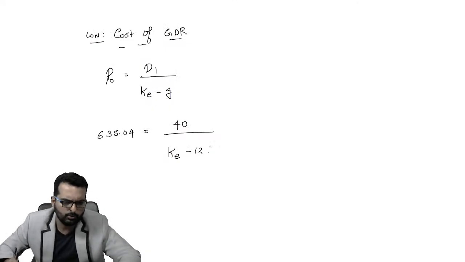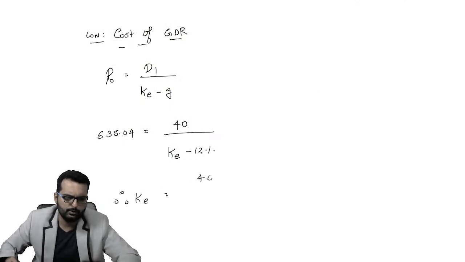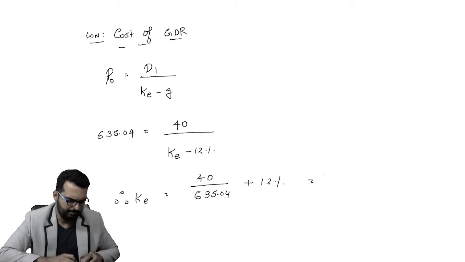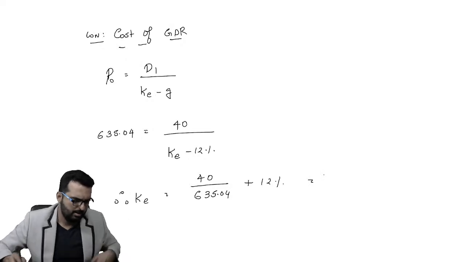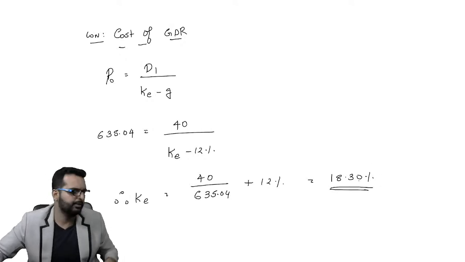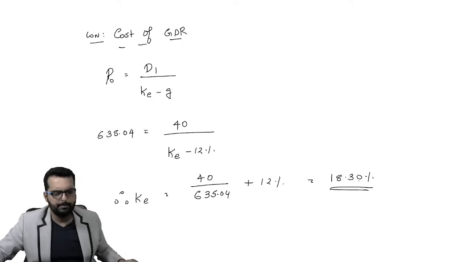They have told the growth to be 12%. Let us do a backward working now. That would be 40 divided by 635.04 plus 12%. I think I'll get the answer as 18.30%. Can you write down this in your books now?